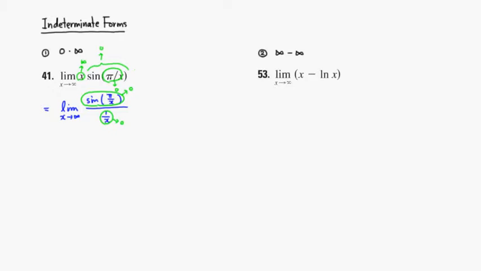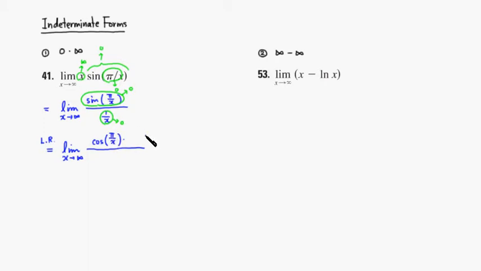So this is a perfect setup for L'Hopital's rule. So let's apply L'Hopital's rule. By applying it, we're going to get this. You still have the limit as x approaches infinity. The derivative of the top would be a cosine, then leave the inside function as it is, multiply by the derivative of the inside.